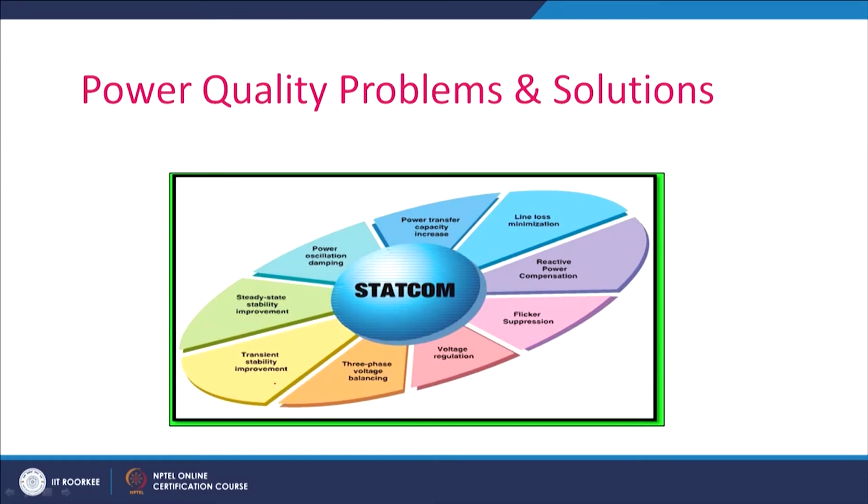Today is our last lecture, and we shall conclude the subject and briefly recap what we have discussed in all those 39 lectures. Power quality has many problems, including transient stability, and you know that the STATCOM, a FACTS device, can give a solution to all those problems: power quality, transfer capacity, and oscillation damping.